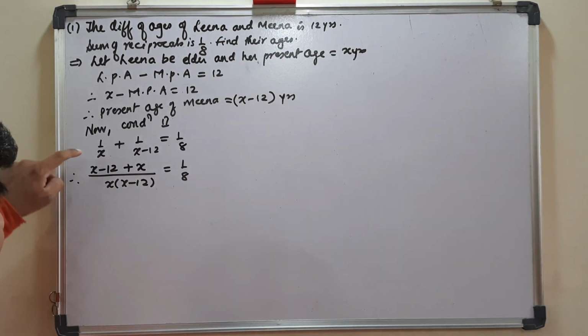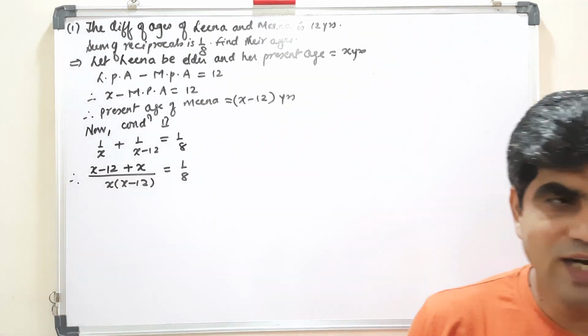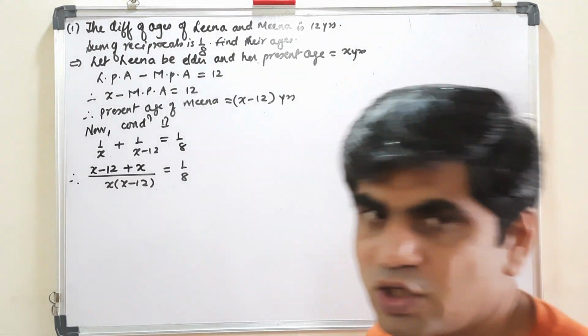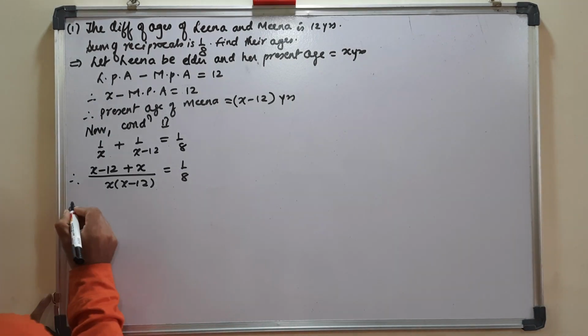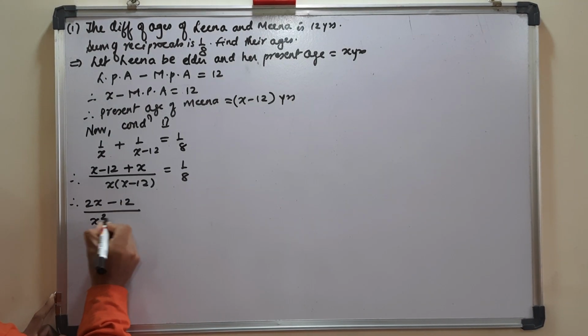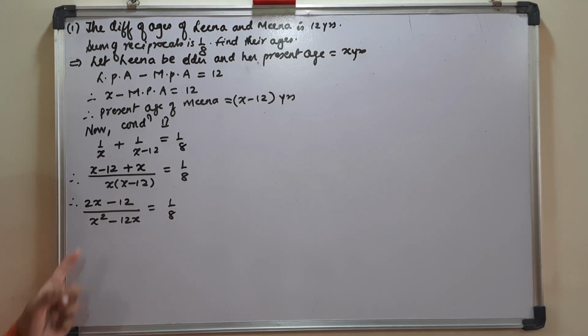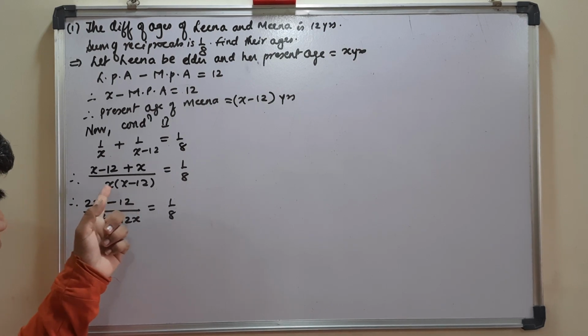The like terms in the numerator are x and x. So x plus x, not x square, will be 2x. So therefore, 2x minus 12 upon x square minus 12x is equal to 1 by 8. This is also multiplied: x into x is x square, x into 12 is 12x, and the middle sign is minus.